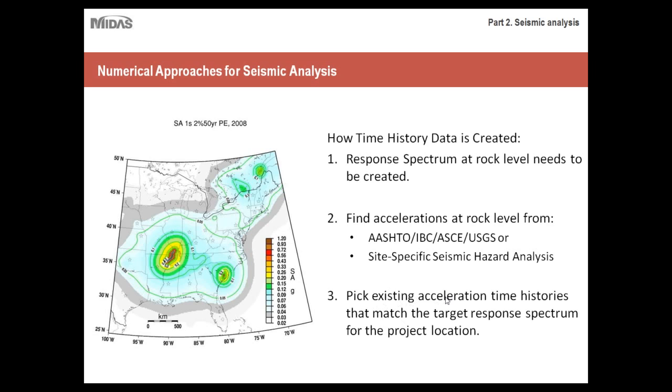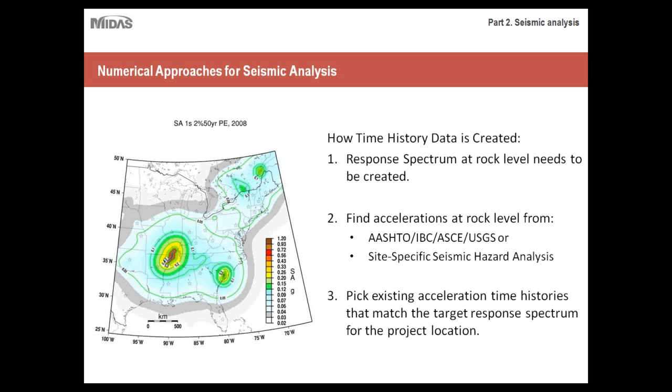And then last, you'd pick existing acceleration time histories that match the target response spectrum for the project location. Essentially you'd have all these time history graphs available to you, and then you just have to pick and choose. Once again, this is where it really is up to the engineer to decide which acceleration functions, which time history functions, are best suited for their project.